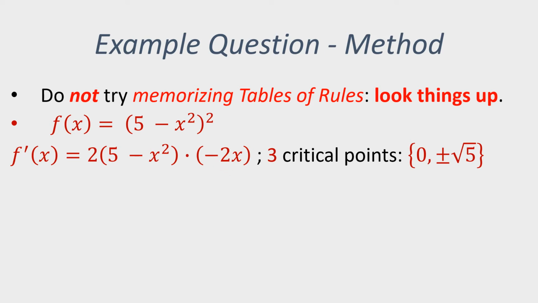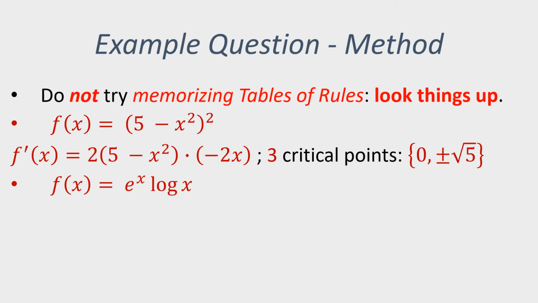Looking at this function, it has 3 critical points: 3 values of x which make the first derivative take the value 0. One of those is when x equals 0, because this quantity will be 0. The other 2 are plus or minus the square root of 5, because then this term will become 0.